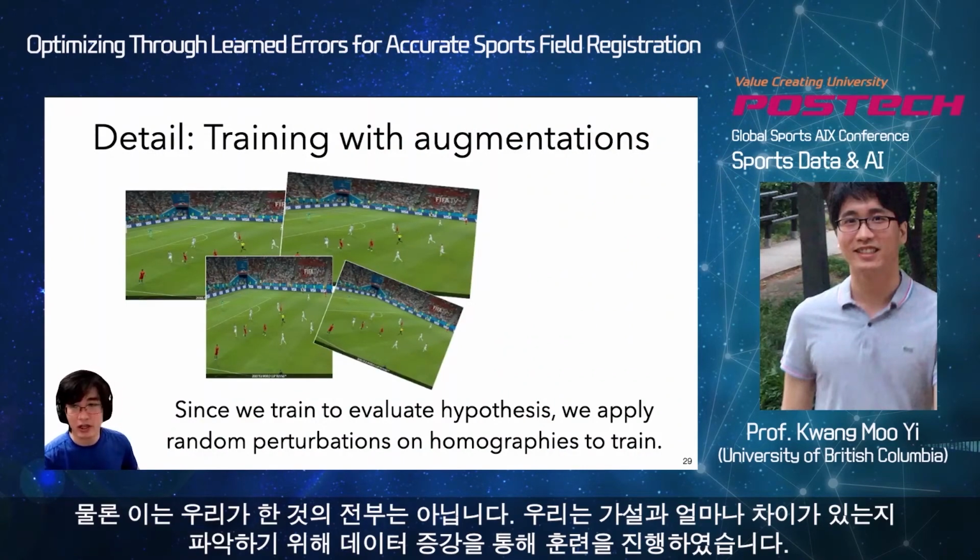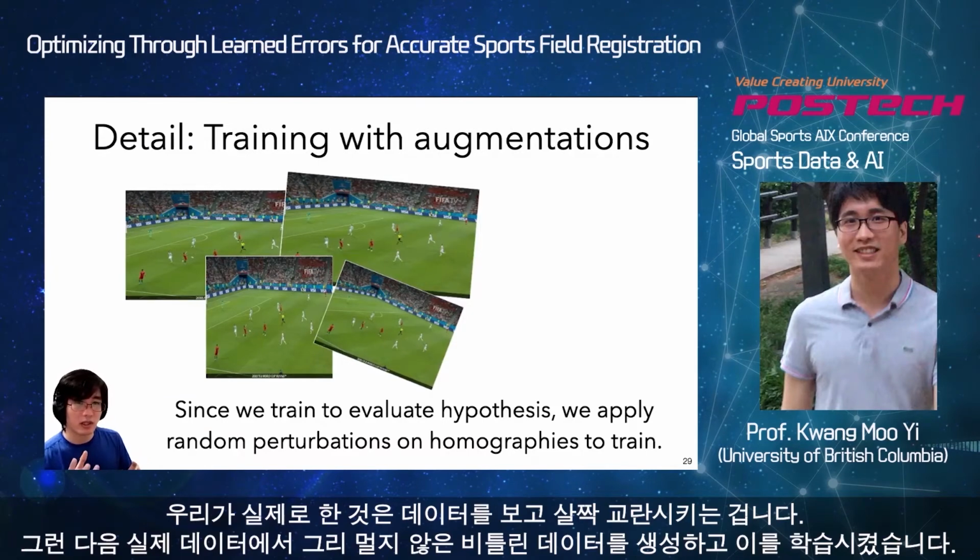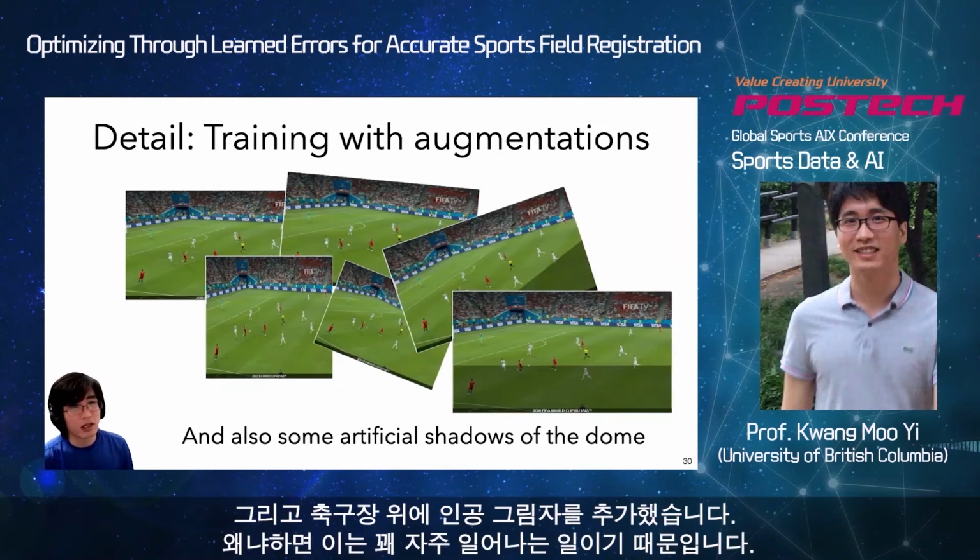And of course, that's not all we do. We train with data augmentations because we're training to figure out how much we're off in terms of hypothesis. What we actually do is we look at the data and then we perturb these a little bit, which then creates twisted data, which is not too far off from real data. And then we use them as our training set. And we also, on top, add some artificial shadows on top of the soccer fields because it turns out that's something that happens quite often.